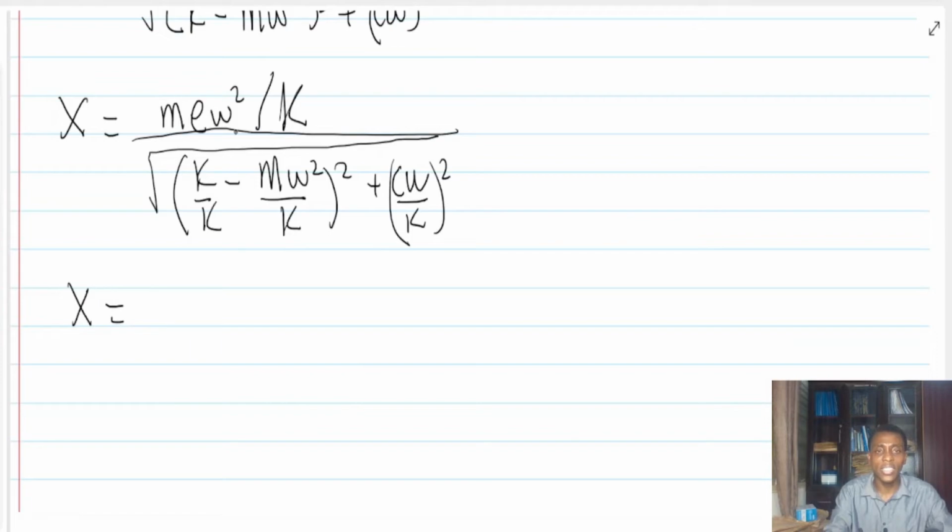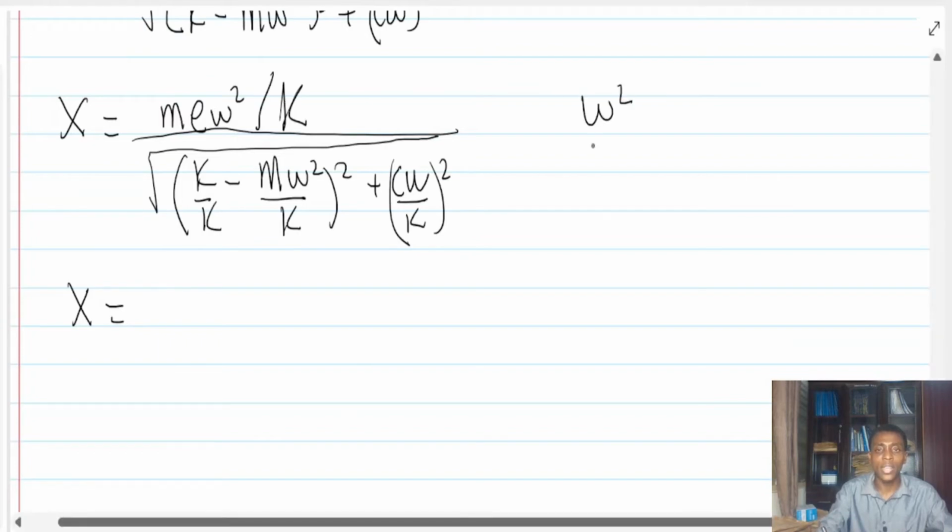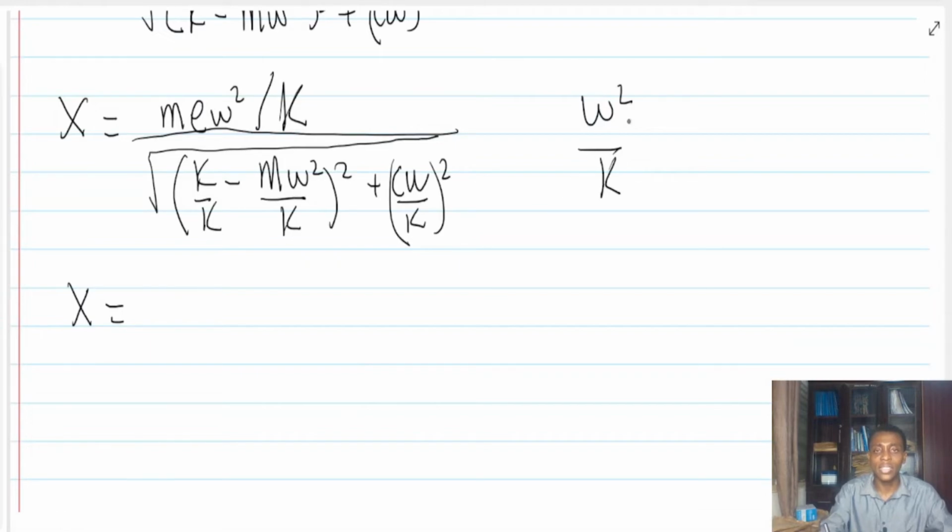what is this quantity here? So watch this. Now, if I have omega squared over K, what is omega squared over K? I want to rectify this. So let me put it this way.